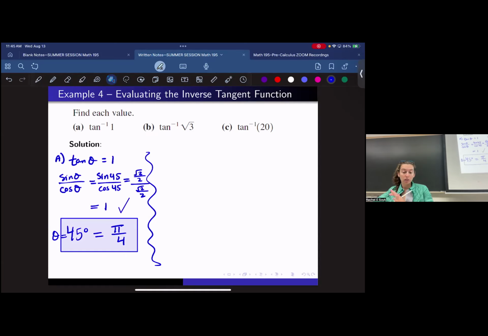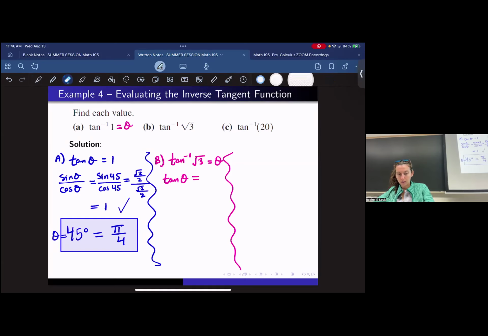What about tan inverse of square root of 3? Tan of what angle gives you square root of 3? I'm going to just set these all equal to theta so that you know we're solving for angle measures.